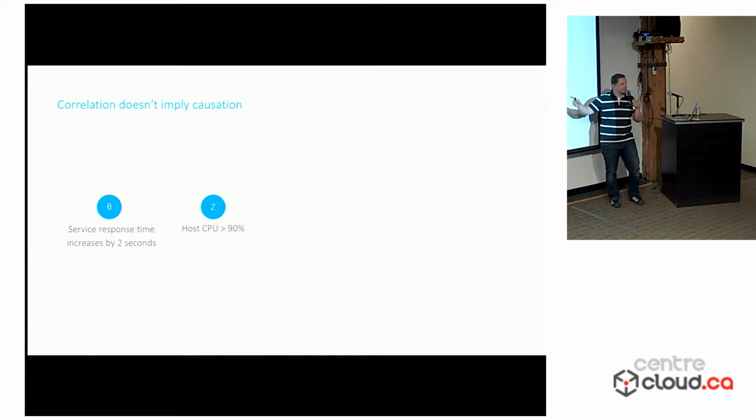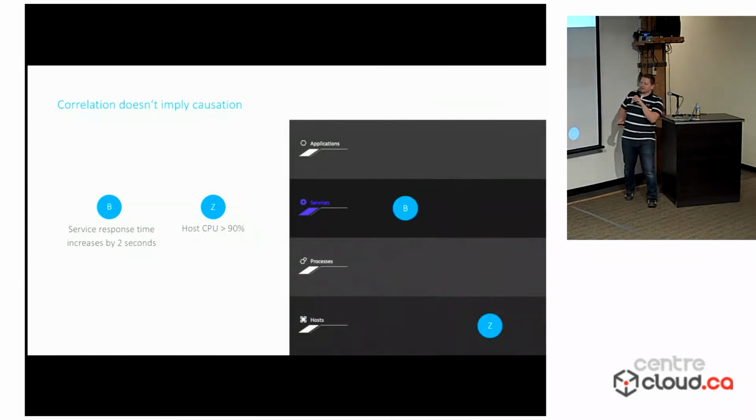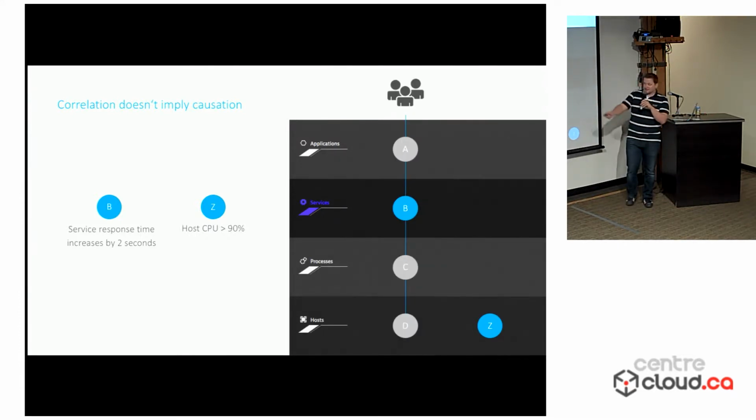And those 2 things happen at the same time. So the easiest conclusion would be, of course, the service response time is higher because the CPU utilization is so high, right? Of course. Well, it doesn't necessarily need to be that, right? Because the service B could run on any host, and not necessarily needs to run on that host.